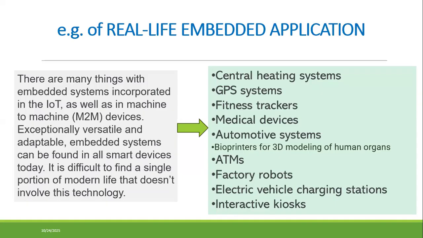Exceptionally versatile and adaptable, embedded systems can be found in all smart devices today, as I was explaining to you before. Almost all the smart devices have embedded systems in them, because those devices use chips.